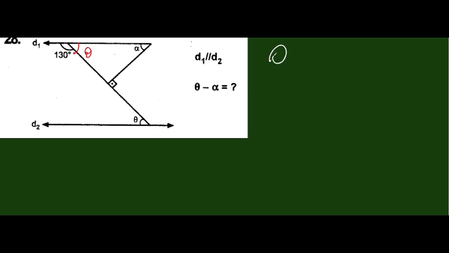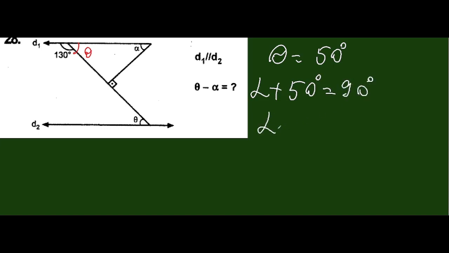So theta will equal 50 degrees. And we know that alpha plus theta, which is 50 degrees, will be equal to 90 degrees. So alpha here is 40 degrees.